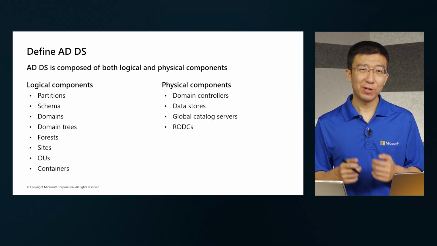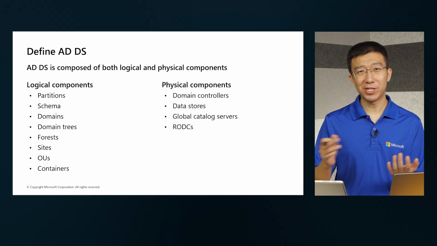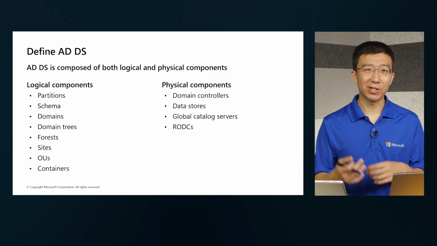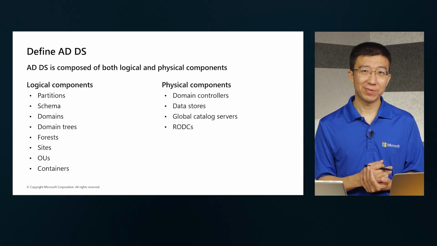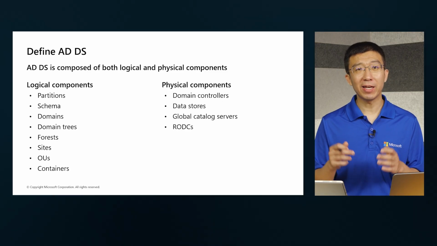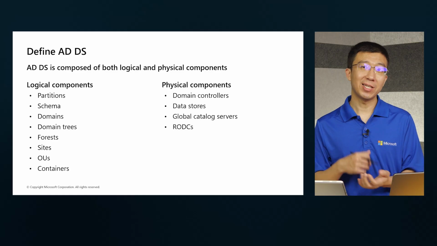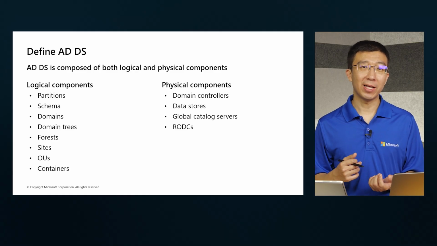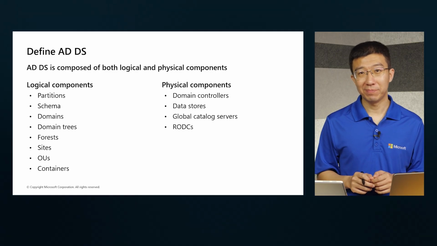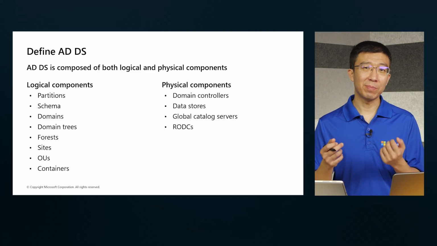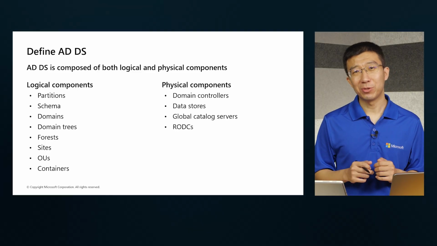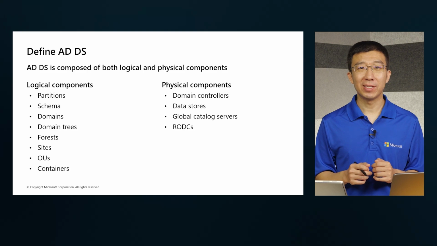There are also physical components, such as domain controllers and global catalog servers. Physical components play a vital role in ensuring security, reliability, and efficient data access within an Active Directory environment. Understanding these components is key to managing your environment effectively.